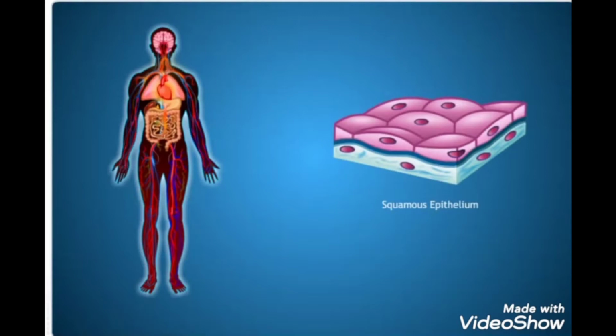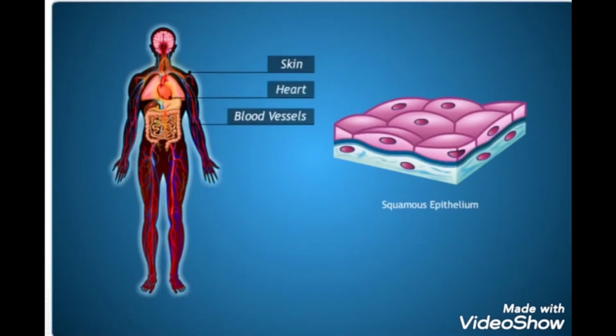They are found in the outer layer of the skin, lining the cavities of the ducts, blood vessels, and the chambers of the heart, and provide mechanical support.